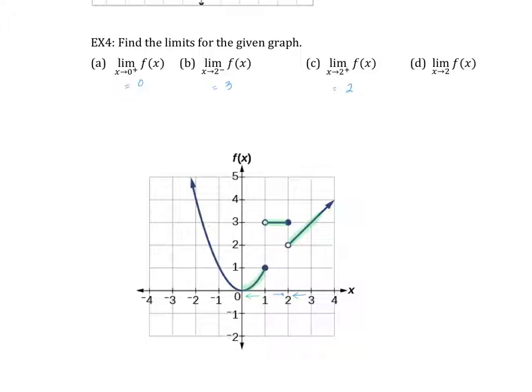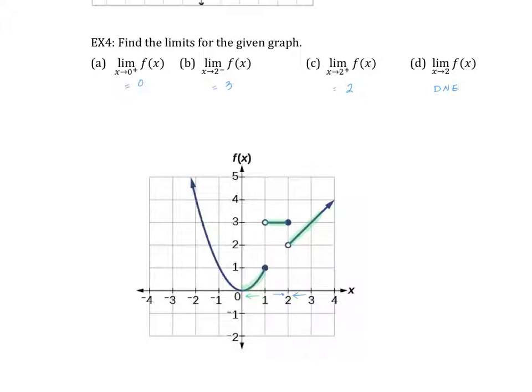So when we look at part D, the limit as x approaches 2, since the left and the right limits are different, that would be does not exist. So it only exists if they're the same, as in the very first example we did.